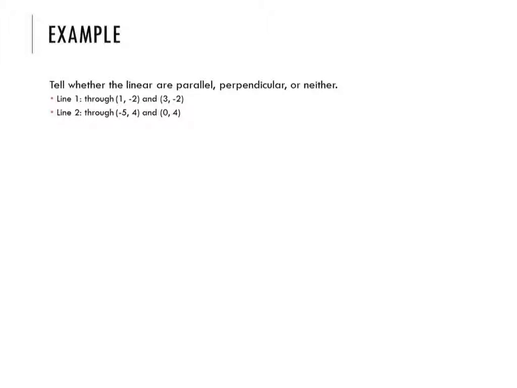So let's look at this in an example. Tell whether these lines are parallel, perpendicular, or neither. Well, to do that, you need to find their slopes. So again, the slope of line 1. By the way, a dear friend of mine once said, a way to remember the formula here is that the yams and the yogurt are on the picnic table.